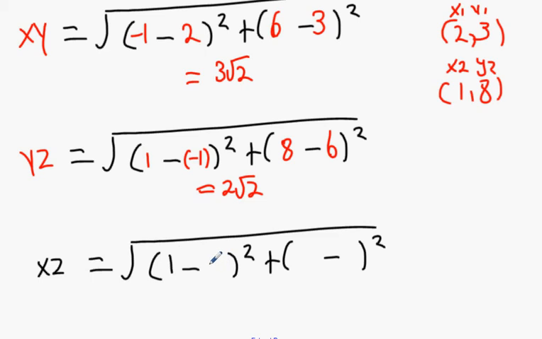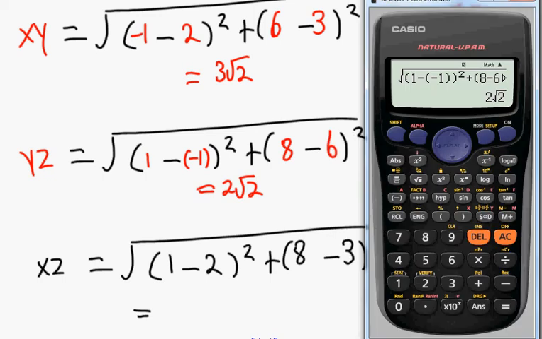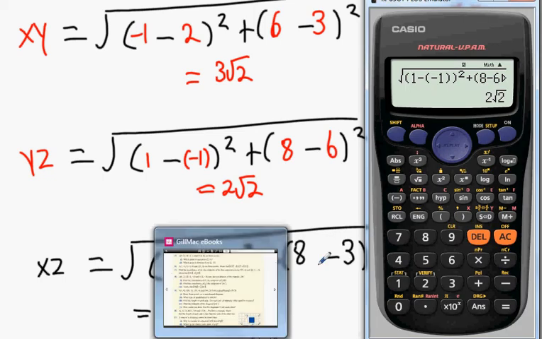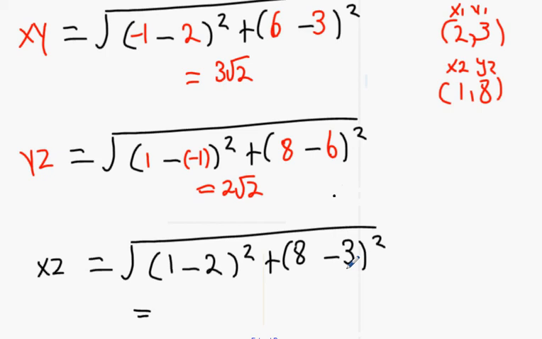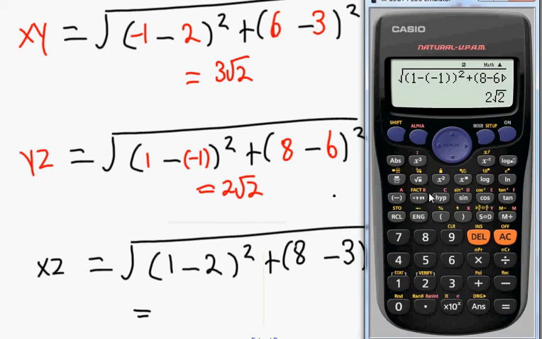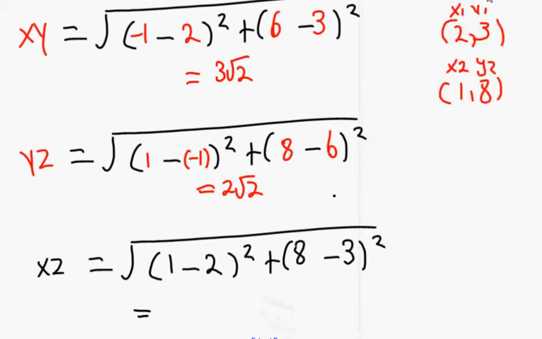Here? Yeah. Here? Yeah. Okay. What you get for that, Cameron, when you put it in? I think it's going to be root 26, which will be just root 26, isn't it? Anybody else get that? Root 26.